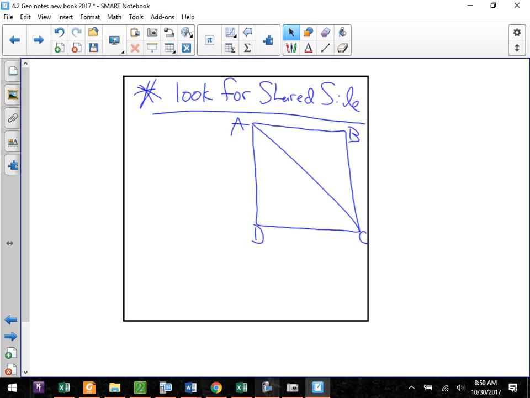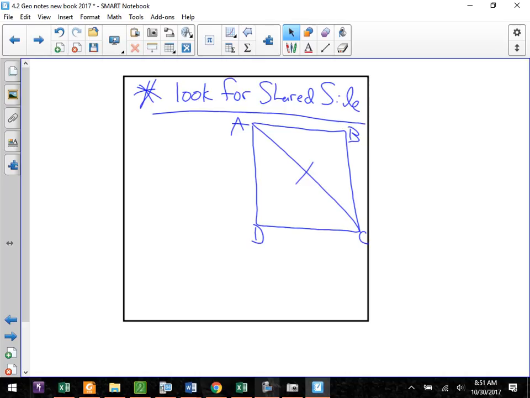It doesn't matter at all, because I'm just using a rough example. What's the shared side here? Everybody see how AC is shared between the two triangles? So I know that that is shared between the two, and they're sharing the same thing. That side will always be congruent to itself.